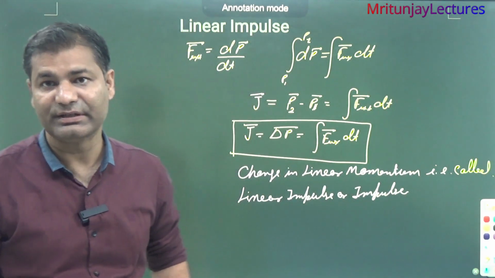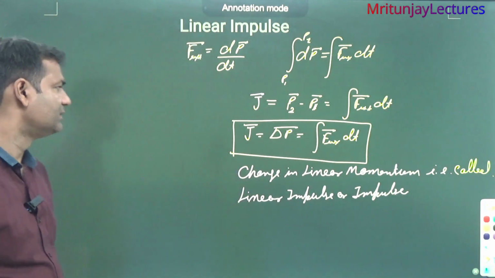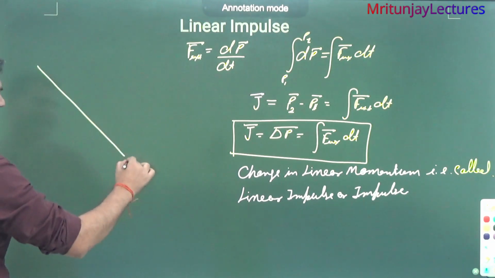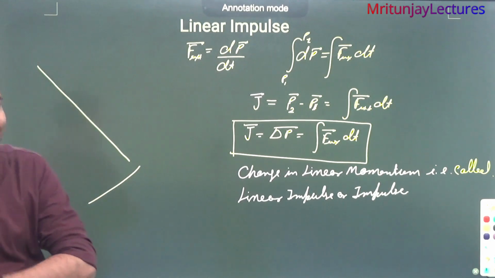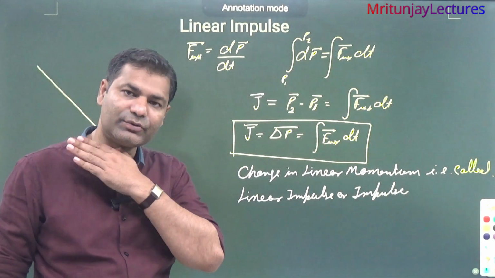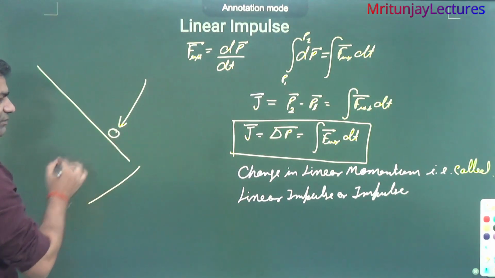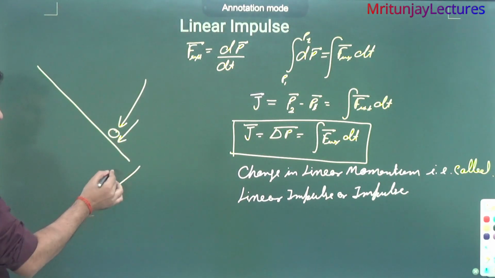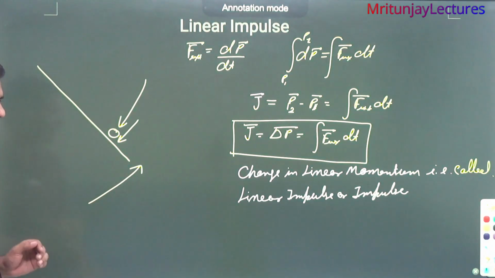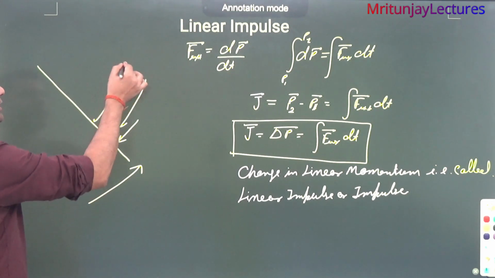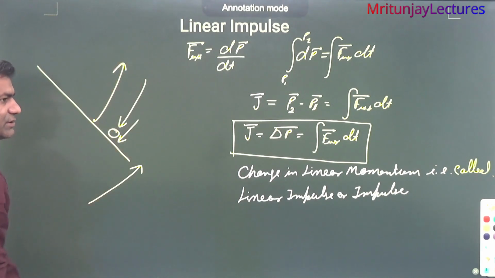What is the physical significance? Suppose this is a bat. If you hit the ball with the bat, the ball goes with a very large velocity.